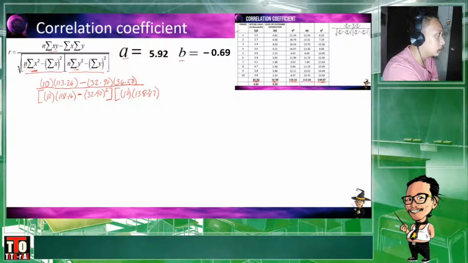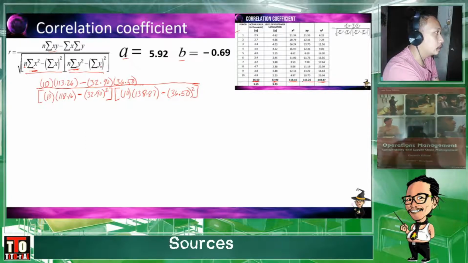There. So, we got that. Less, like what happened earlier, the value of y, which is 36.50, raised to the second power. And then close bracket. Okay? So, we have also completed the denominator.